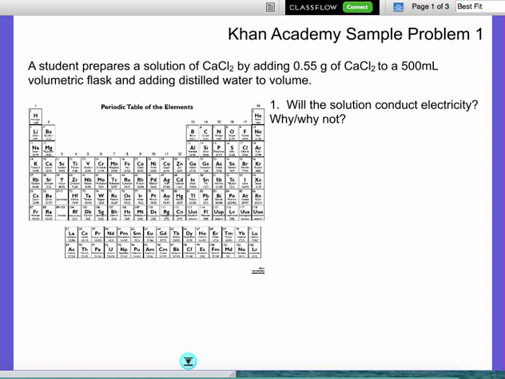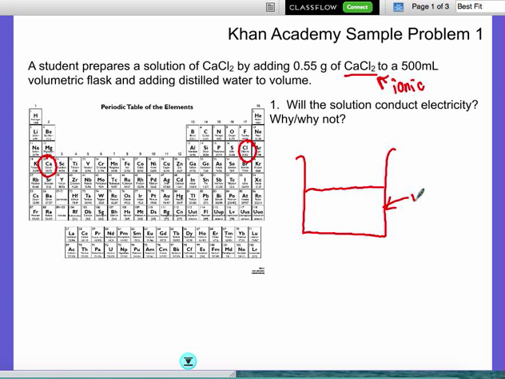Okay, this has to do with the properties of calcium chloride when it gets dissolved in water. Calcium chloride is an ionic compound made of the metal calcium and the non-metal atom chlorine. So when you add calcium chloride to water, it, like all ionic substances, will ionize or break into its ions.